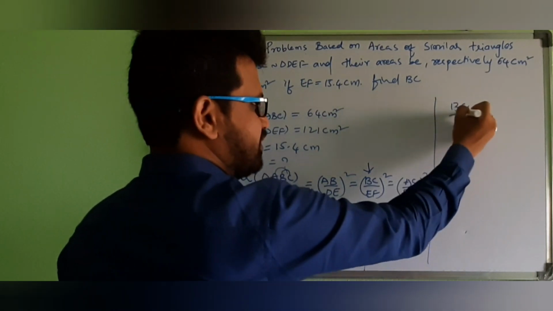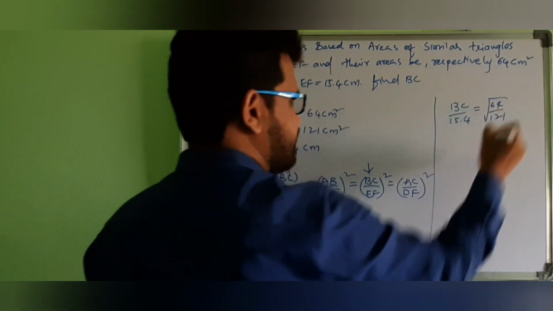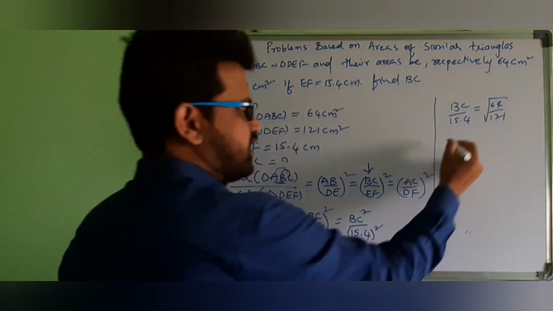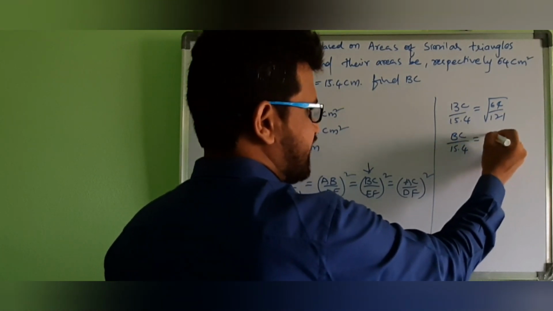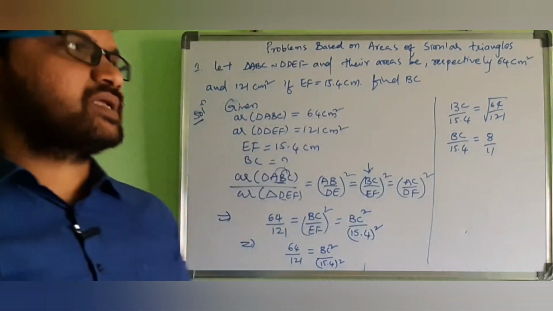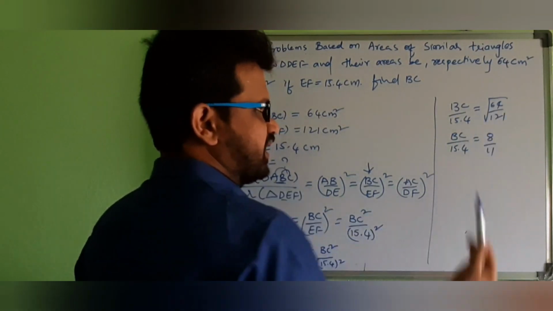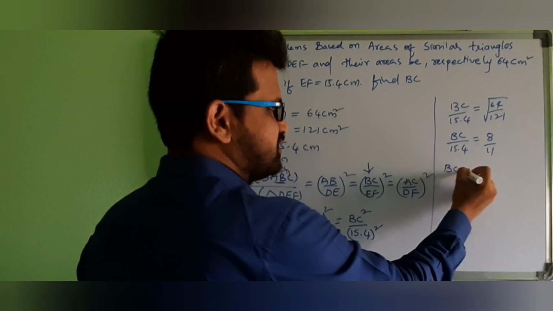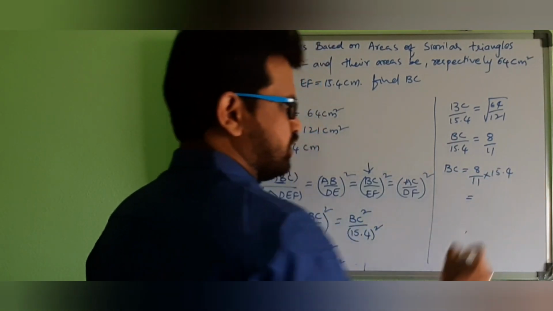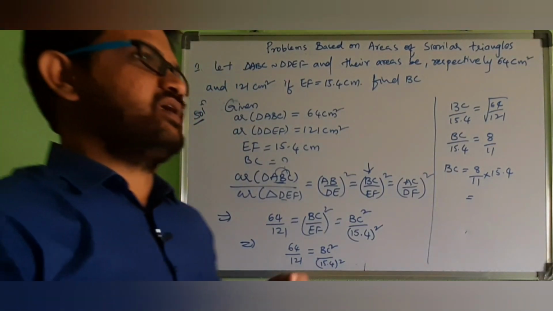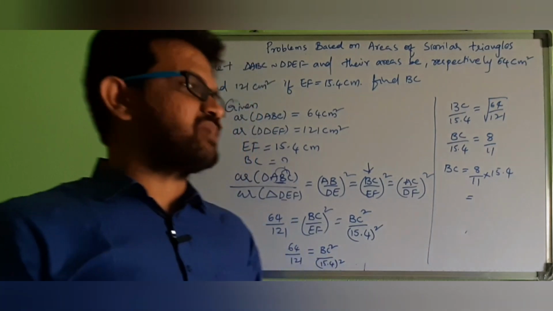So BC by 15.4 is equal to square root of 64 by 121, which is 8 by 11. 8 square is 64, 11 square is 121, and BC is equal to 8 by 11 into 15.4.